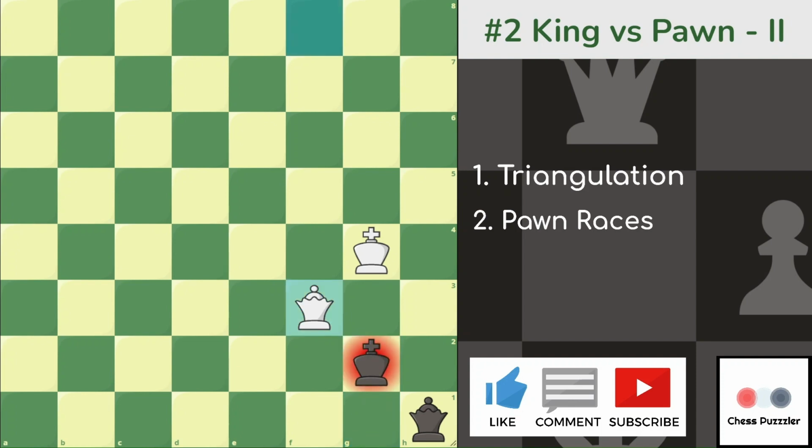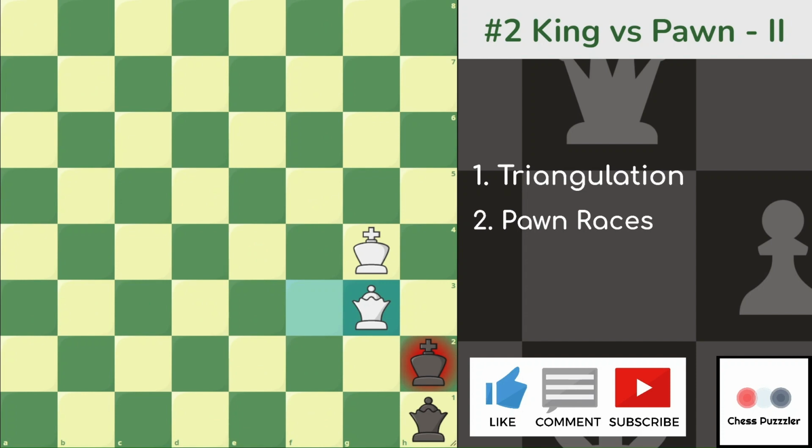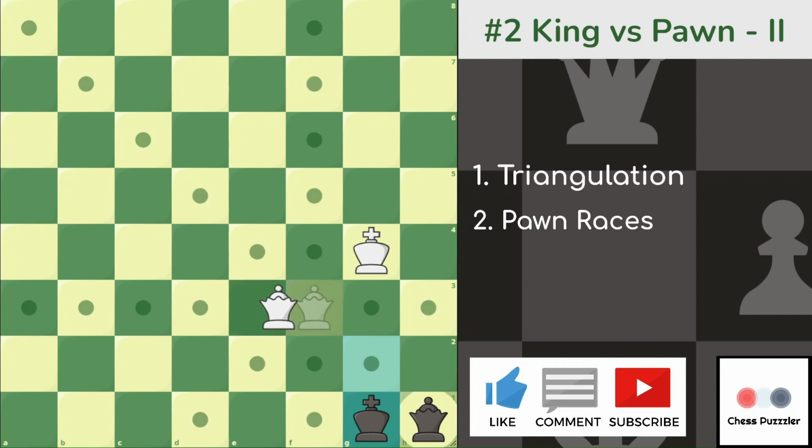If black had played something like king h2, queen g3 would be checkmate. So, obviously, to avoid that, black will play king g1, after which we are going to lay a beautiful trap to make this ending a nightmare for black.